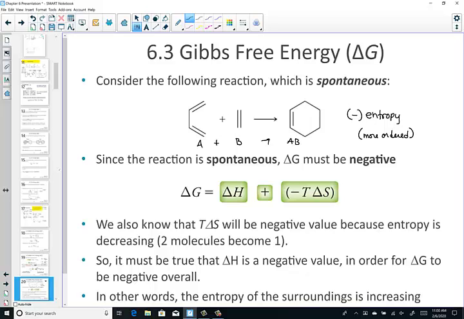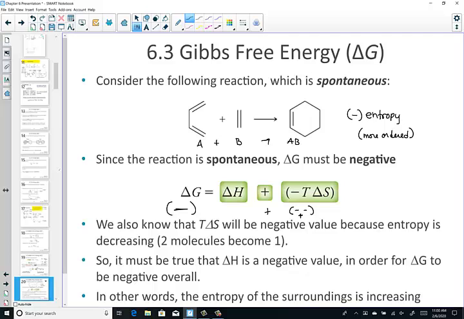However, the reaction does occur. It is a spontaneous reaction. And so what does that mean to us? If I know delta G has to be negative, and it is negative because they're telling us this reaction occurs, and I know that the entropy is negative. Remember, it's negative of a negative, which is really the same as saying positive.